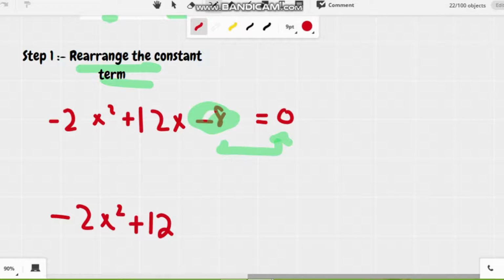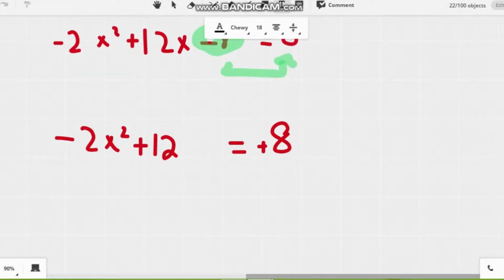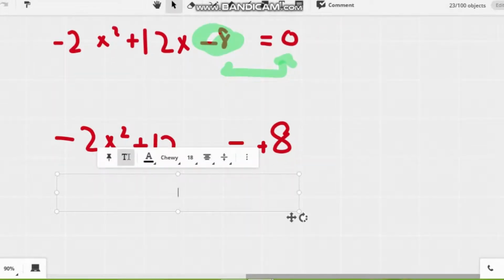So we can first move the constant to the right side, that becomes positive 8, and then we can divide both sides by negative 2.